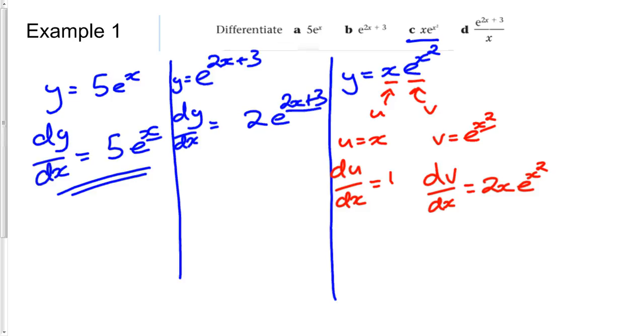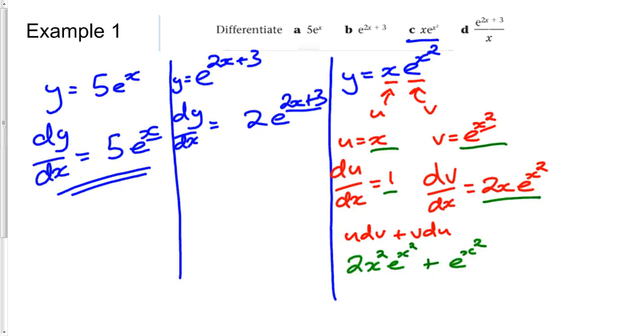Once we've done that, we put it into u dv plus v du. So u dv is going to be x multiplied by 2x e to the x squared, which would give us 2x squared e to the x squared, plus v du, which is e to the x squared times by 1.